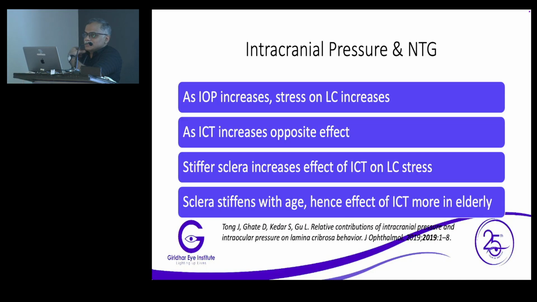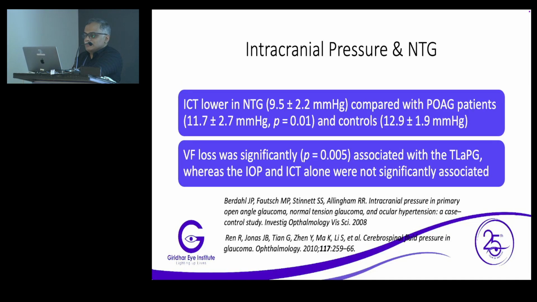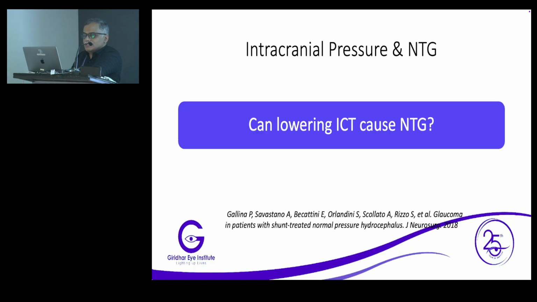Whether that is the pressure in the optic nerve sheath is another moot point, because our optic nerve sheath has fenestrations that keep the pressure around the optic nerve constant compared to the intracranial pressure, which varies very much when you change position. But still, decrease in intracranial pressure has been shown to increase the NTG. So lots of studies based on that.